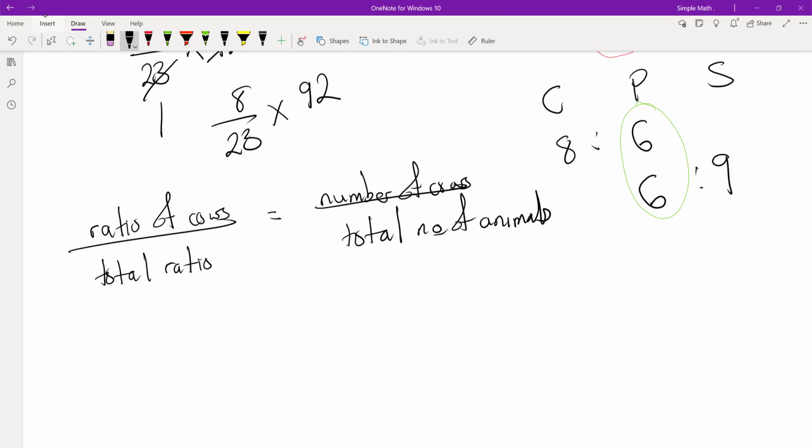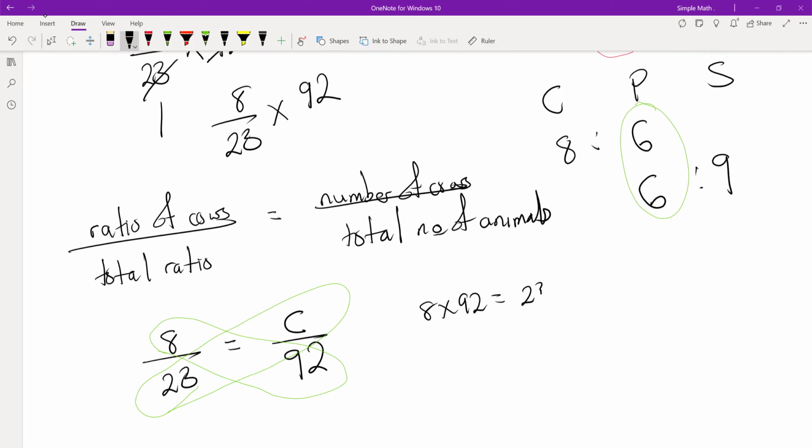So the ratio becomes 8 over 23 equals, since we don't know the number of cows, let's just use C over 92. Then we cross multiply: 8 times 92 equals 23C. So C equals 8 times 92 divided by 23. We're still going to get the same 8 over 23 times 92. It's just another way of doing the same thing. So our answer is still going to be 32 cows.